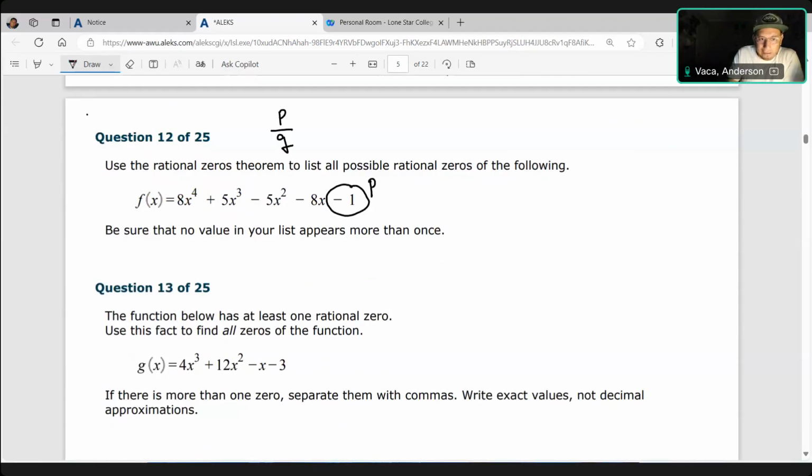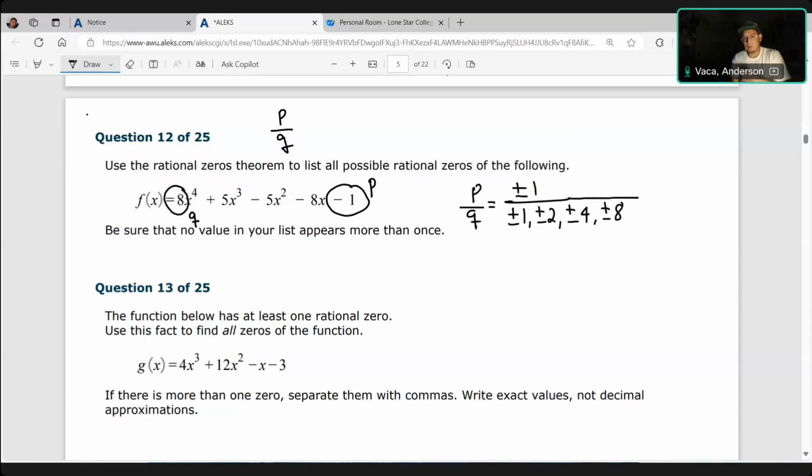P is all the factors of -1, while q is all the factors of the leading coefficient. Well, what are the factors of -1? Plus or minus 1. What are the factors of 8? Plus or minus 1, plus or minus 2, plus or minus 4, plus or minus 8. So this list is going to look like this.